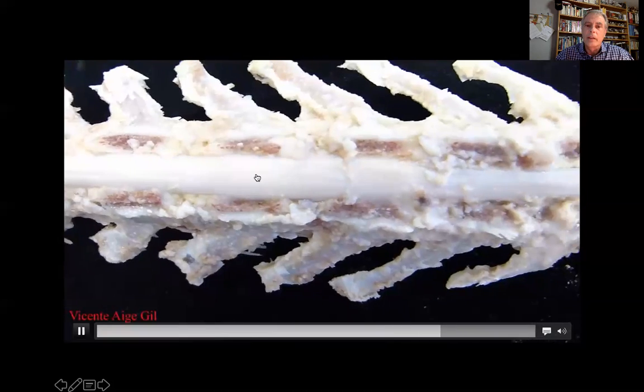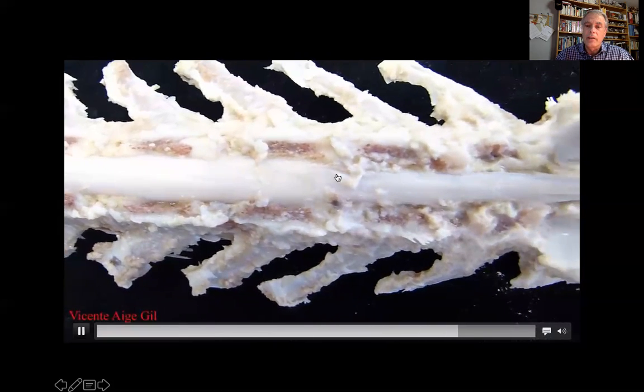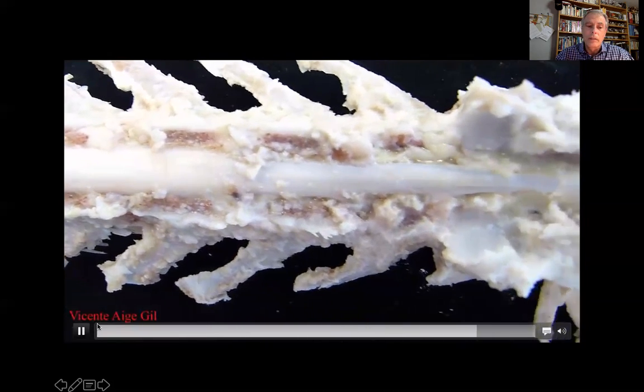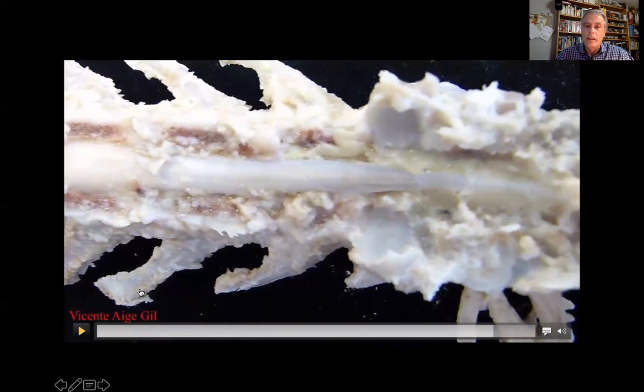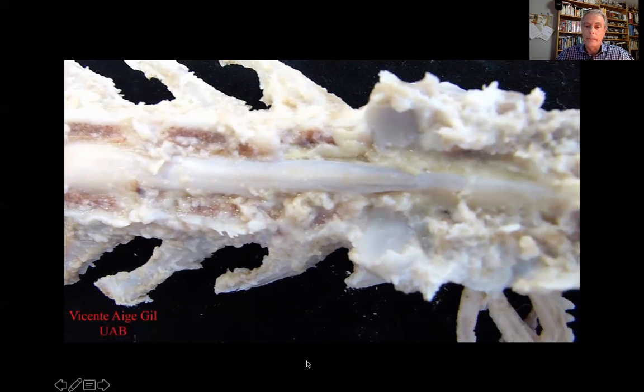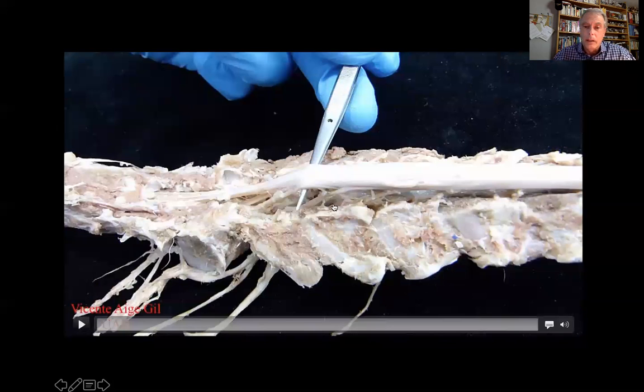Here you have the lumbar intumescence, and as you see, this surrounding gets inside the sacrum and progresses up to the caudal level, attaching to the caudal vertebrae, this dura. So what happened is that, as I said before, the spinal cord is shorter than the vertebral canal.